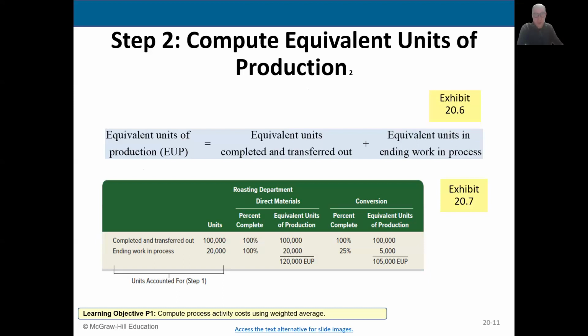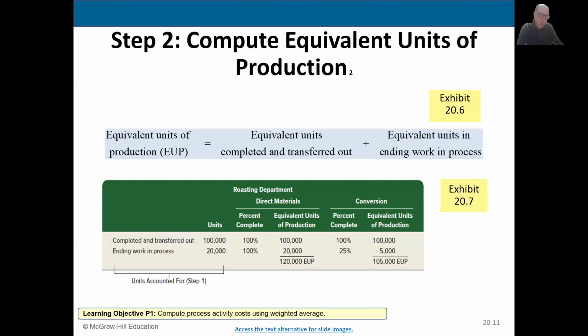We take that 100,000 to find the equivalent units of production. You'll notice that it's the 100,000 times the percentage. 100% is 100,000, right?